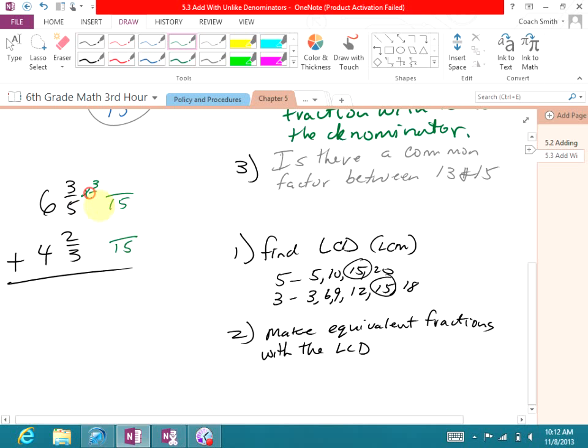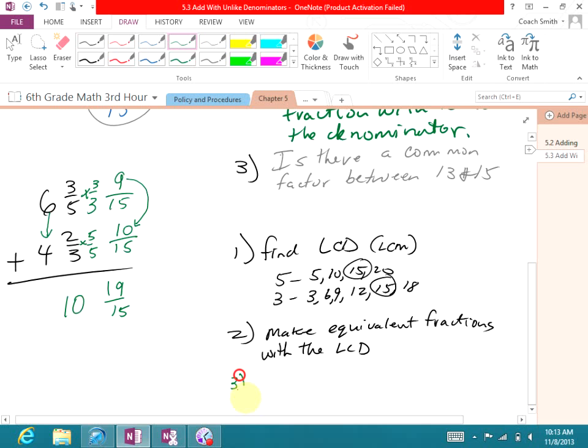So I got to go 3 on top, 3 on bottom. So what's that give me on top of the fraction? 9. So what did I do to 3 to make it 15? Multiplied it by 5. So 5 over 5, which means I have 10. Okay? Now, I'm going to take 9 plus 10, which is 19 over 15. I'm going to take 6 plus 4, which is 10.